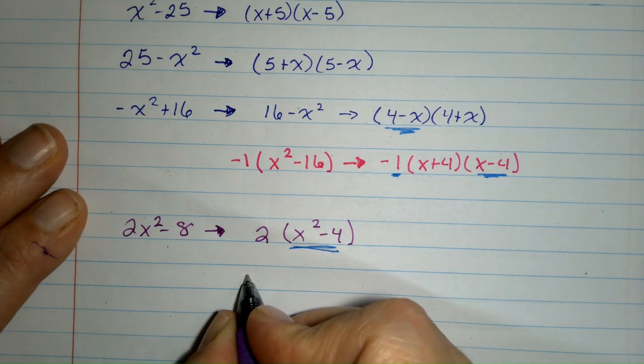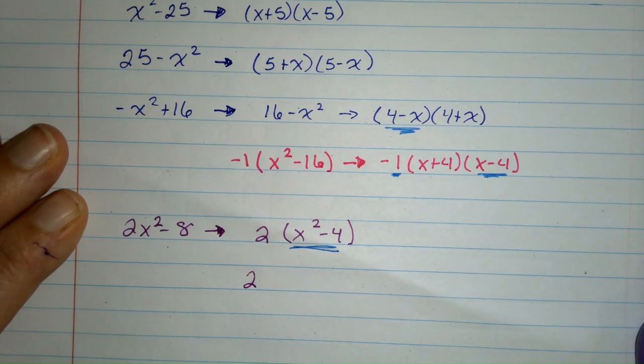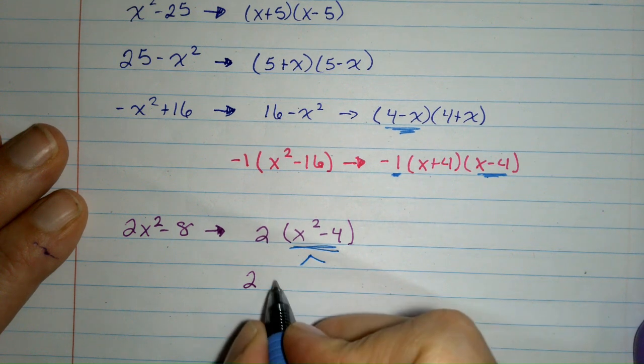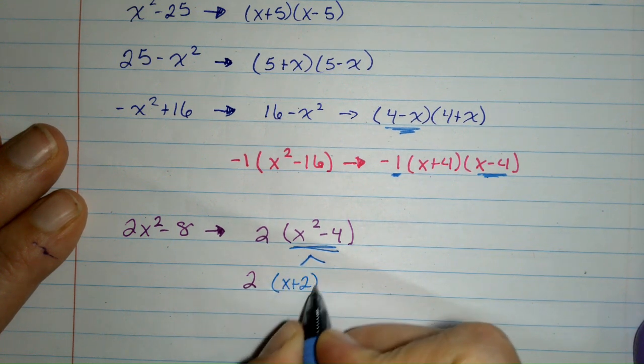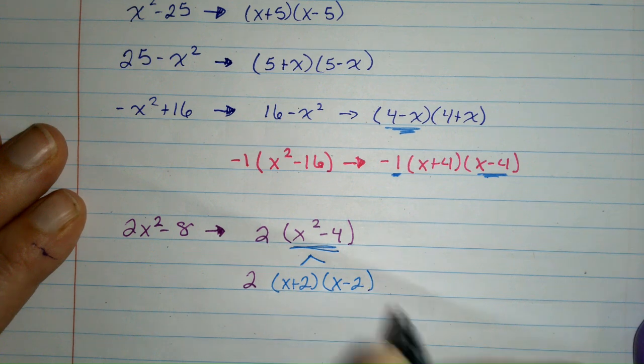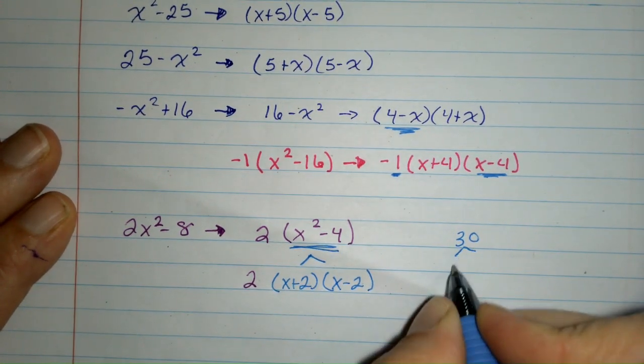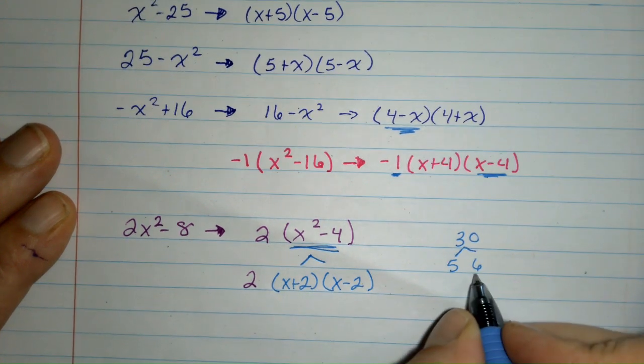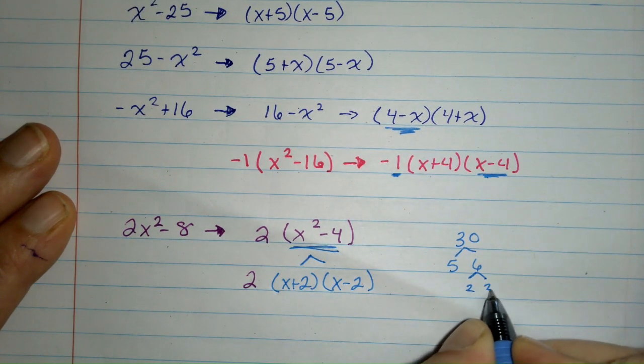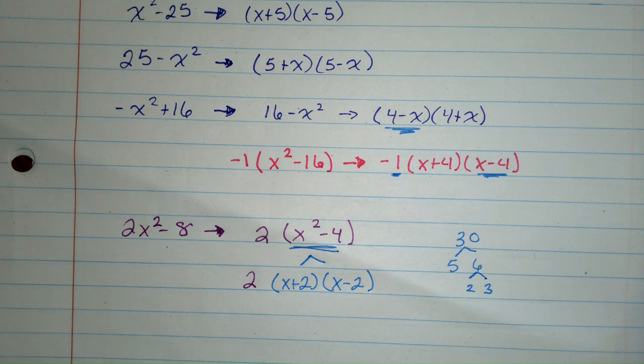And for that part, we'll have the 2 out front, right? And now this breaks down into that x plus 2, x minus 2 pattern. That's just like taking that 30 and making it 5 times 6, but then we had to change that 6 to 2 times 3. So remember, we're going for a prime factorization. Always check for a GCF first.